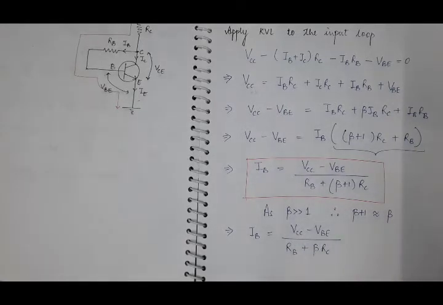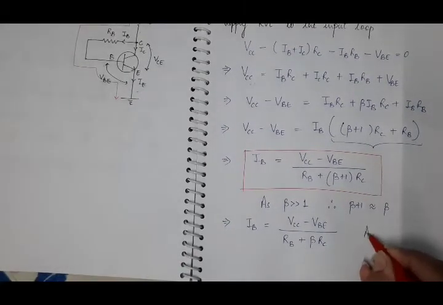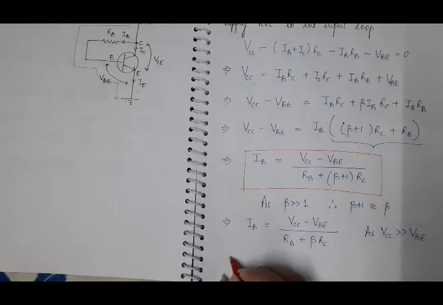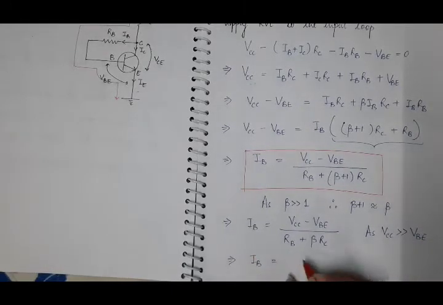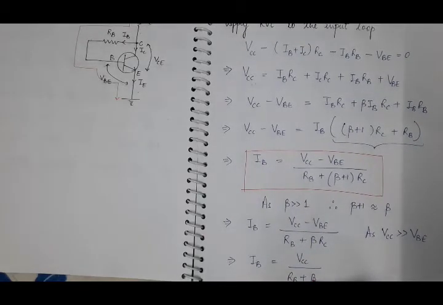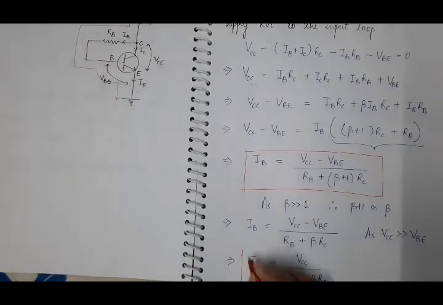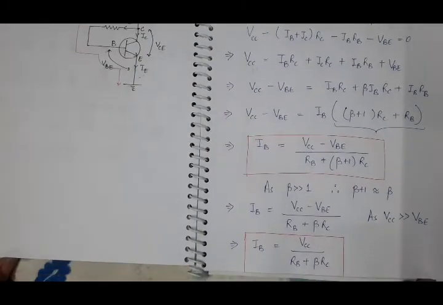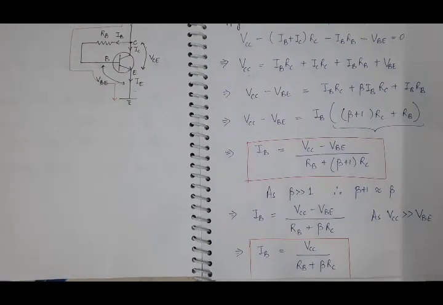So if we neglect this VBE, as VCC is much larger than VBE, our base current will become VCC upon RB plus beta RC. Now our main motive is to find the value of collector current.